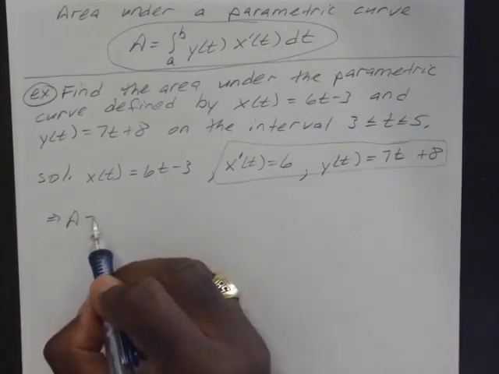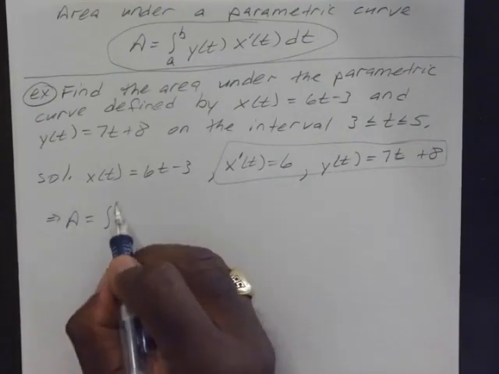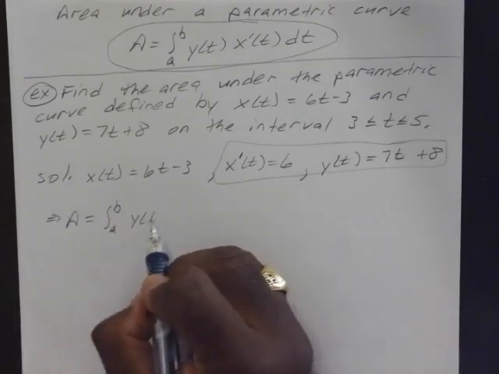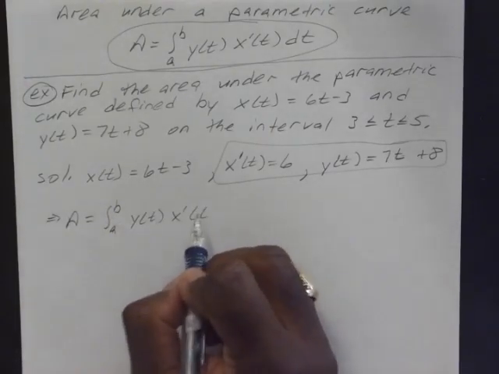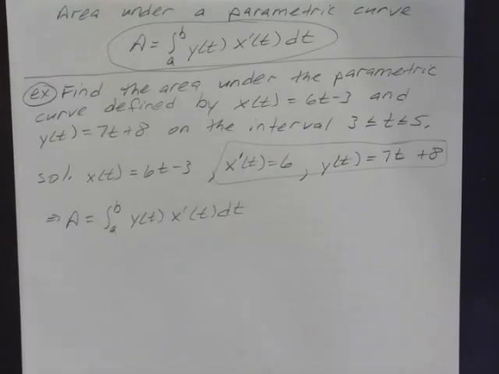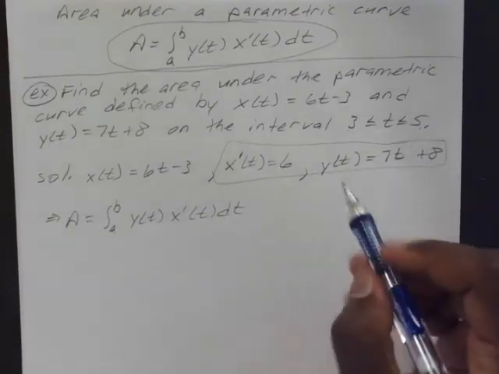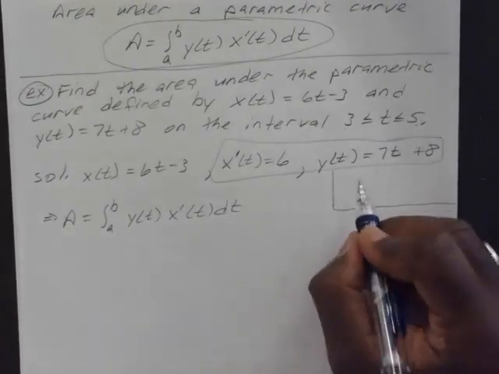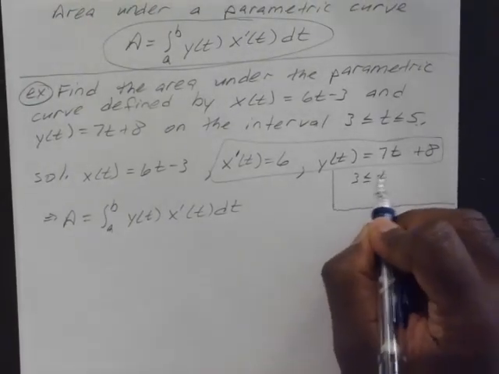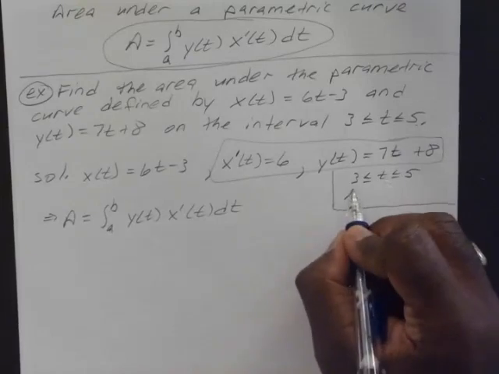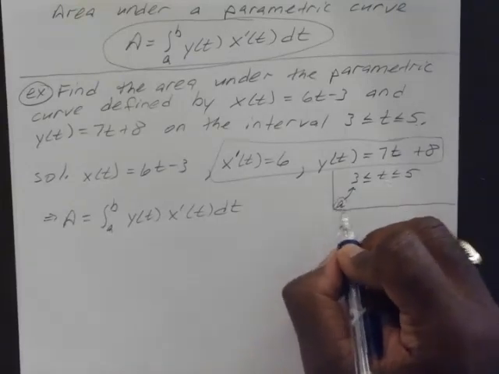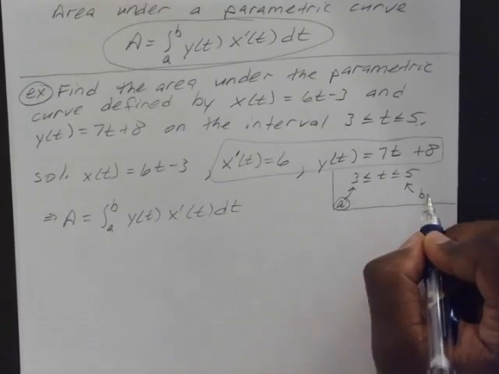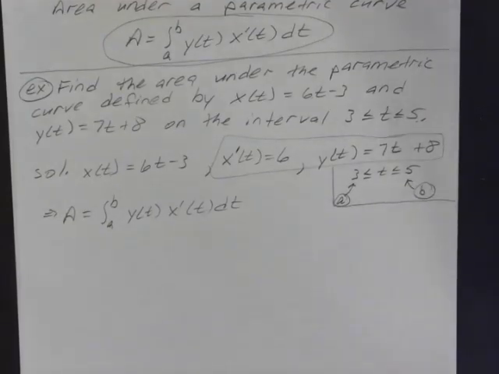Since the area is the integral from a to b of y of t times x prime of t with respect to t, and since the interval is from 3 to 5, I'll make a little side note here: 3 is less than or equal to t is less than or equal to 5. And this 3 is our a, and that 5 is our b, since that's our interval.